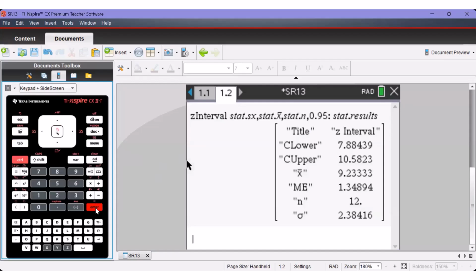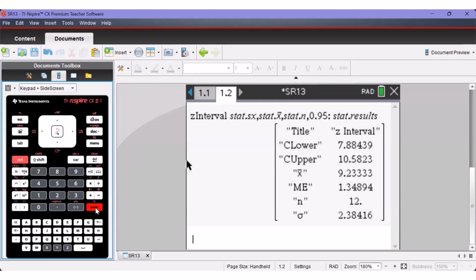And what we find is our confidence interval, correct to 2 decimal places: the lower limit is 7.88 and the upper limit is 10.58.